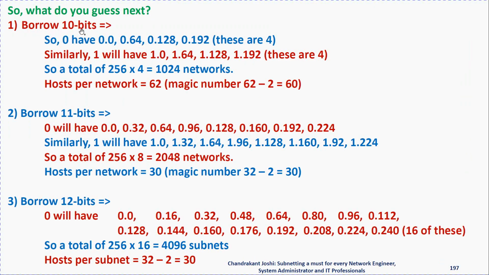So what happens when I borrow 10 bits? Sorry, 8 bits are already there. This is class B. Sorry, 16 bits are already there. 16 plus 10, 26. So 26 means which octet? The 4th octet. So 25, 26.